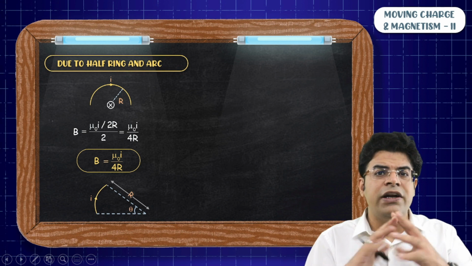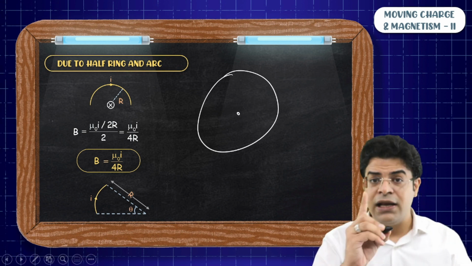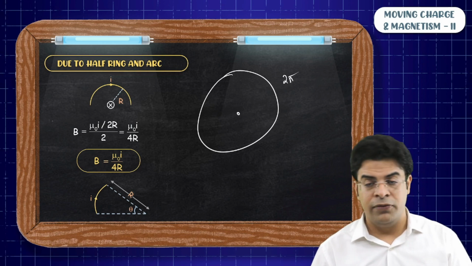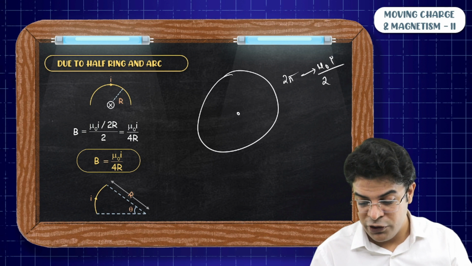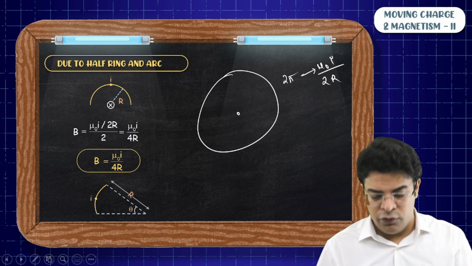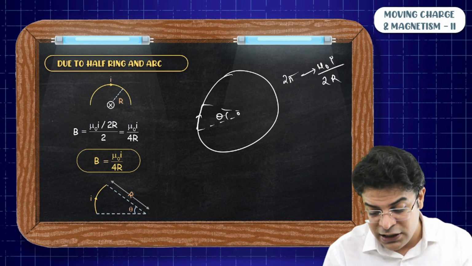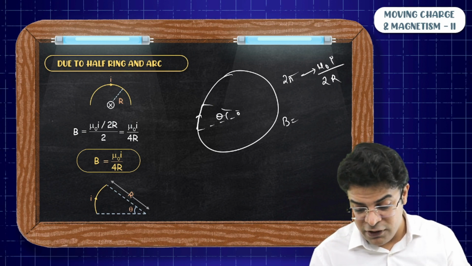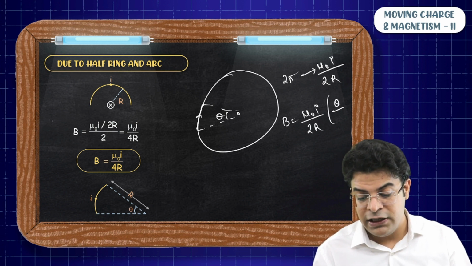So using unitary method, you can say that due to the complete loop which subtends an angle 2 pi at the center, the strength of magnetic field comes out to be mu naught I by 2r. So due to a part of it, an arc out of it, which subtends an angle theta at the center, the strength of magnetic field will be nothing but mu naught I by 2r multiplied by theta upon 2 pi.